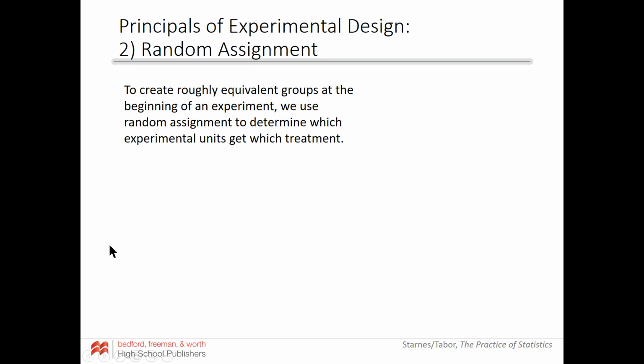If I have 9 treatment groups, like we were saying for that heart medication, and I just take 900 subjects, put you all in a big room, and say you 100 over here go into one group, and the next section goes into the other group, and the next, et cetera.